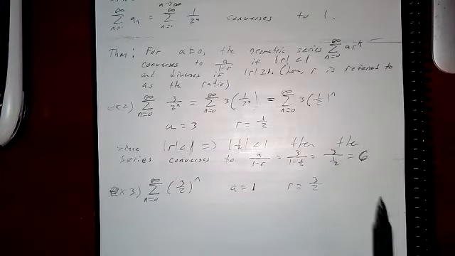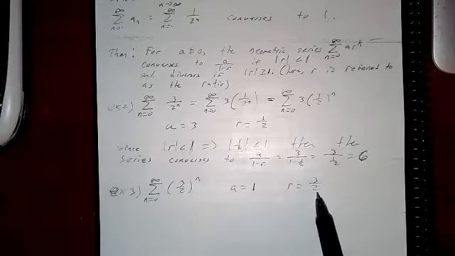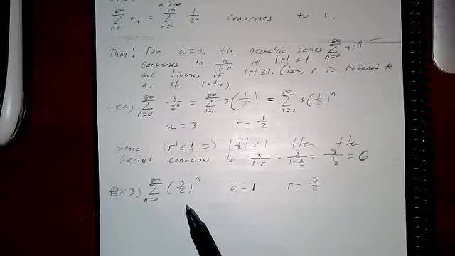So right away, the question is, is this less than 1? Oh, no, right? So this geometric series is going to diverge. If it diverges, then there is no sum because it's infinite. So you cannot sum up infinite terms. So you will not find a sum.